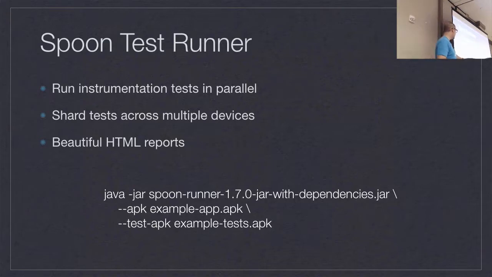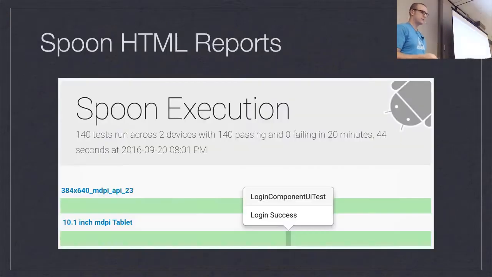You have to interact with Spoon, and then it interacts with the instrumentation runner. So you give Spoon your APK and your test APK, and then it goes off and runs those. It would run on every device connected to that machine right now, and it would run all of your tests. But you can specify what package you want, if you want to run across multiple devices and so forth. You have that ability, and the documentation shows how.